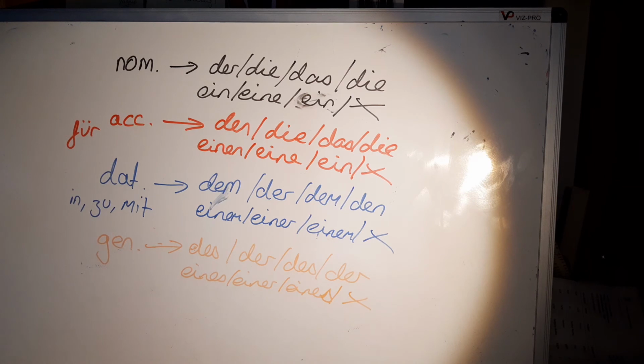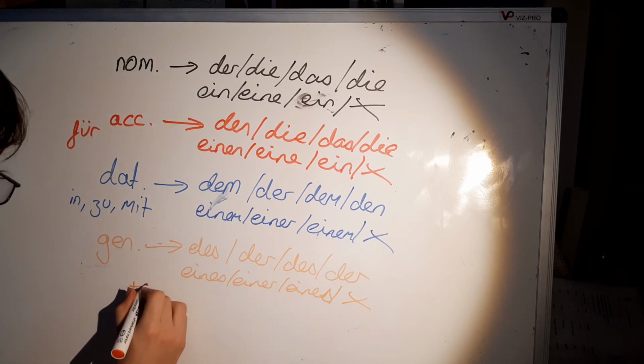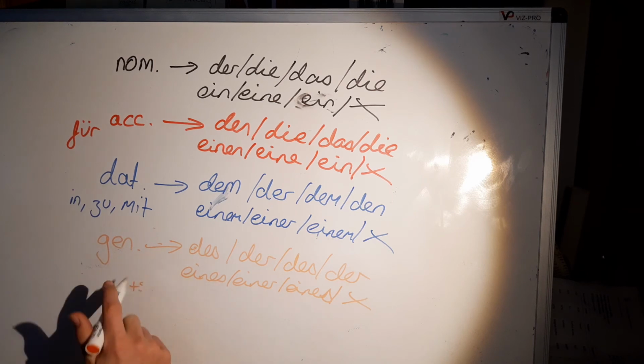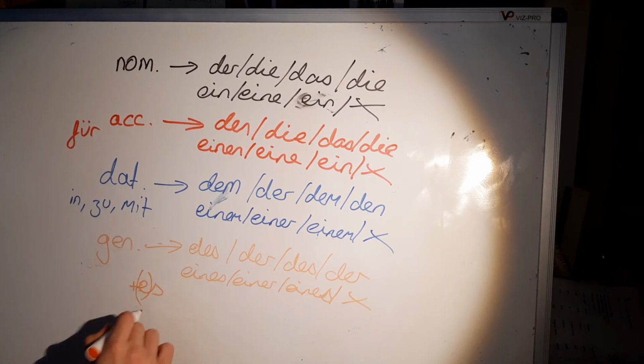So, you also get a nice little plus s on the end of any masculine or any neuter nouns. So it's not just der Vater eines Pflanz, it's der Vater eines Pflanzes, because you need that plus es on the end. It's sometimes plus es and sometimes plus s. Or der Sohn eines Vaters, that's the son of a dad.